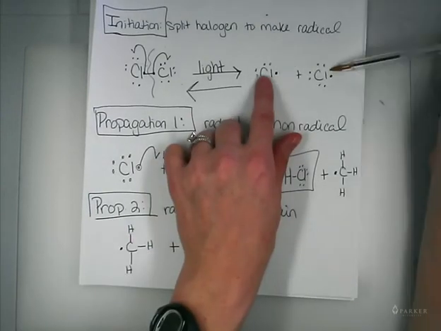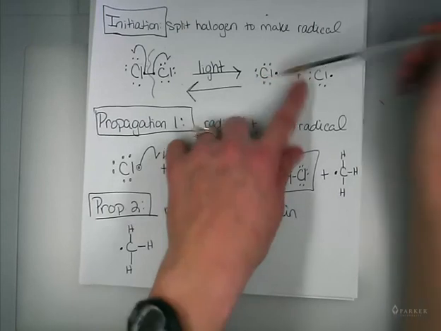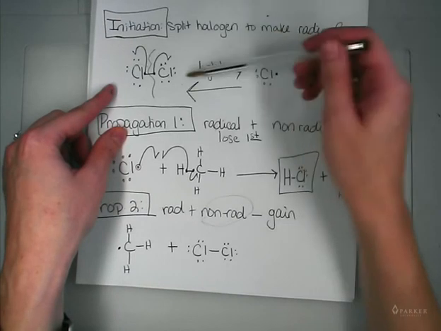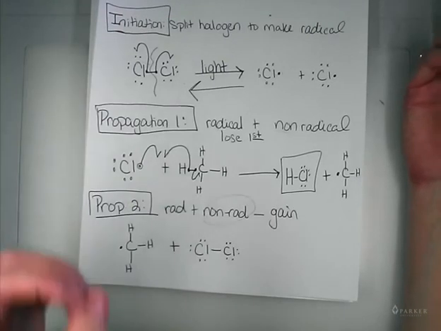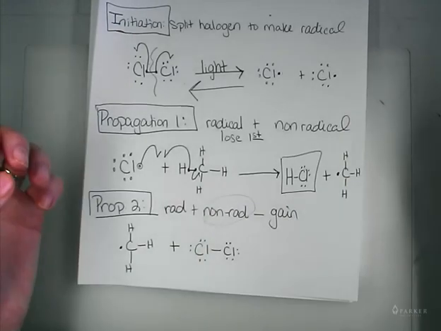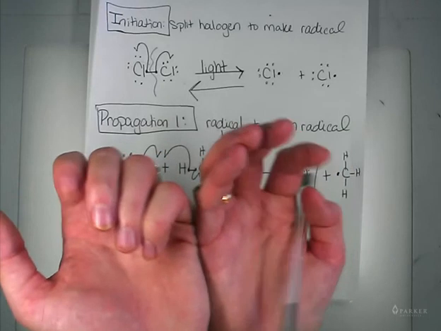So even though these are forming like two radicals, they're also reacting together to come back to form chlorine, bonded together. It will, and that's a termination step. But if I have something extremely reactive and something extremely reactive, there's a very good chance they will react together.